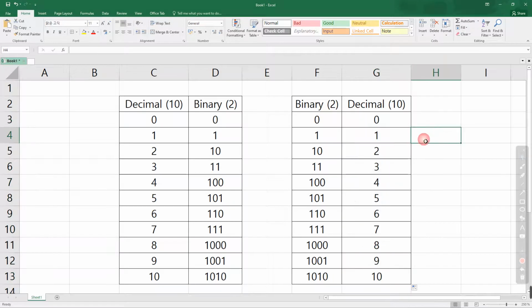This is the result. You can see that these numbers are exactly the same. In the first example, I converted from decimal to binary, and in the second example, I converted a binary number to a decimal number. I hope you understand the concept.